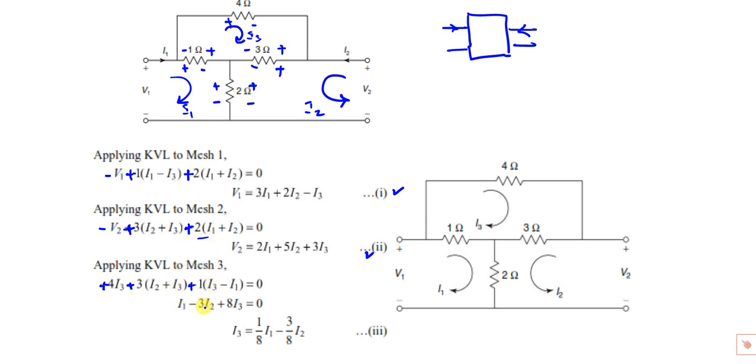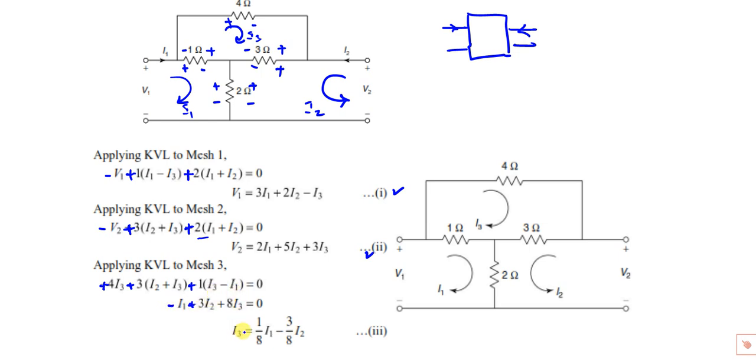So this also I think you have to change. Let me add 4I3 plus 3I3 plus 1I3, 7I3 plus 8I3, then 3I2. Here I changed it, so this should be 3I2 and 1 into 1 minus 1I3. So it is the same one only.